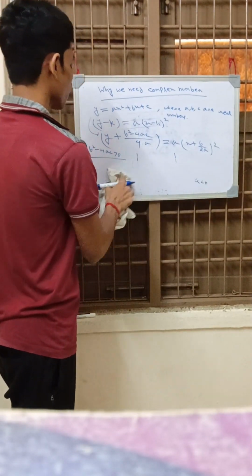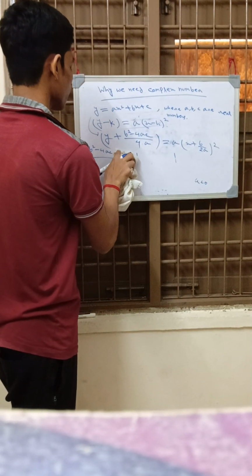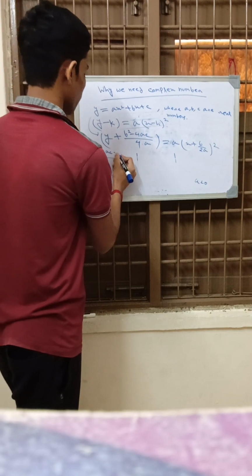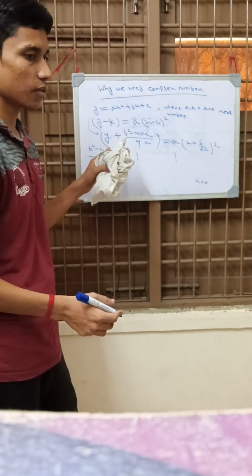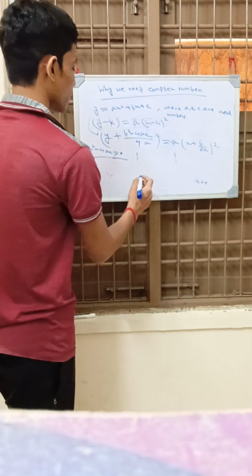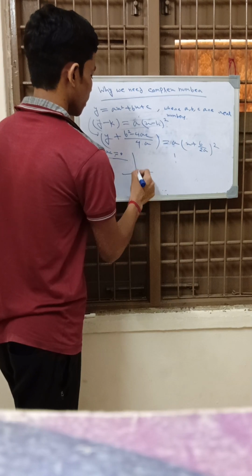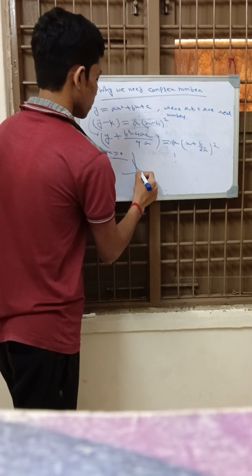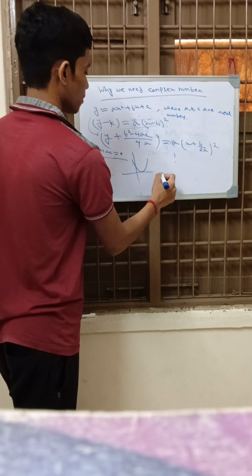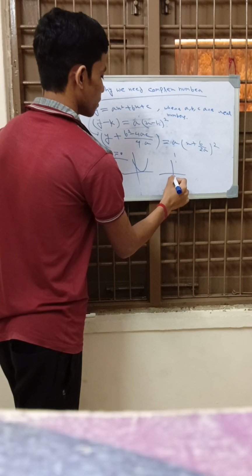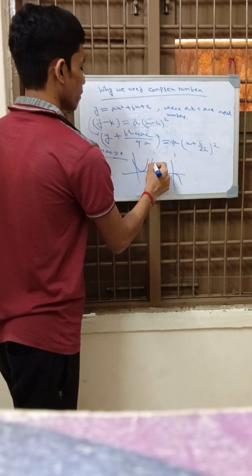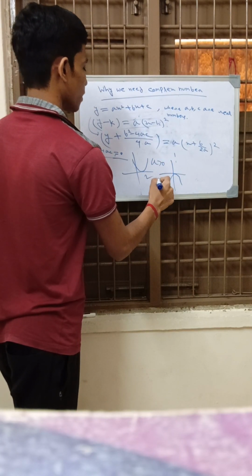Now when b square minus 4ac equals 0, then x has exactly 1 value. So the parabola touches the real line at exactly 1 point. Either this type or this type, depending on the sign of a. If a is greater than 0, then this type.